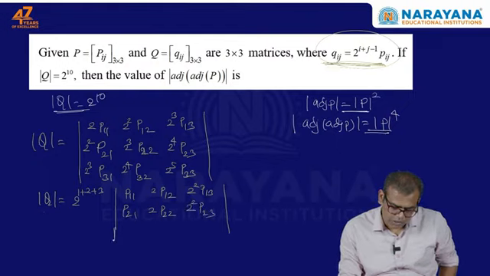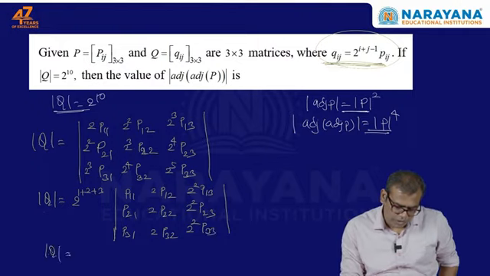And the third row, taking 2q common, so p31, 2 into p32, and 2 square p33. So again determinant of Q is equal to 2 to the power 6.